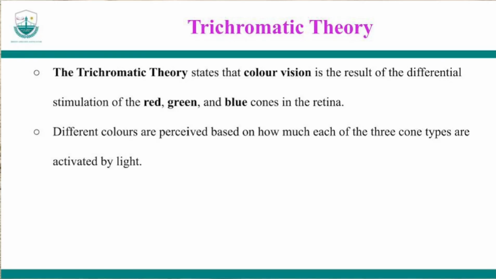After stimulating them, how come we can now know that this object is blue, this object is yellow, the other object is black? The explanation for that comes from the trichromatic theory, which states that color vision is as a result of differential stimulation of red, green, and blue cones in the retina.